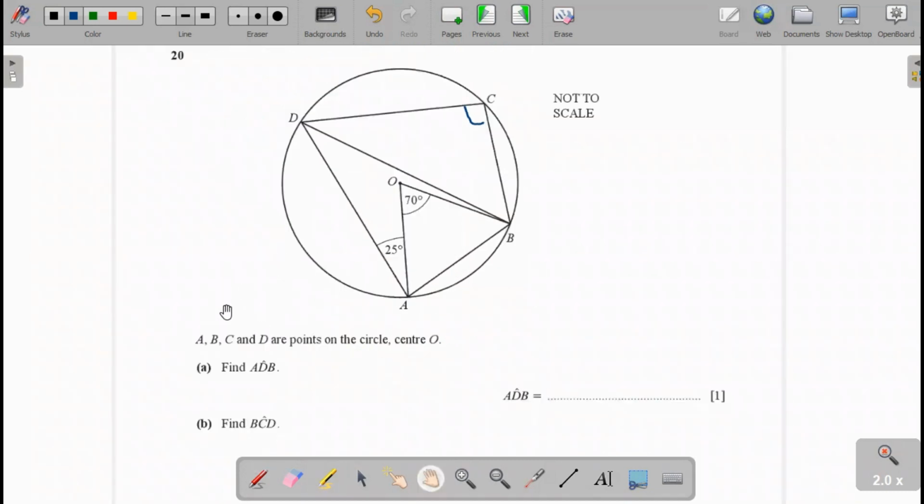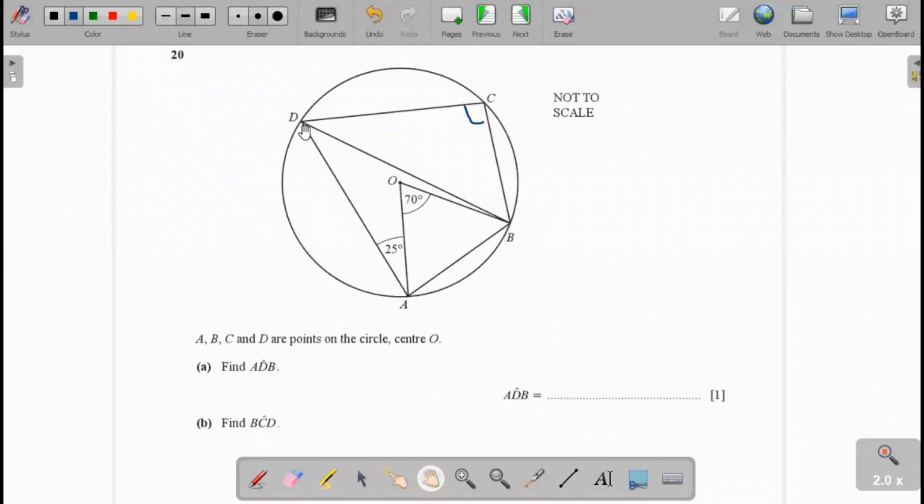Next question. Question 20. A, B, C, D are points on the circle with center O. Find angle ABD. Here we see that the arc AB makes an angle at the center, which is 70.